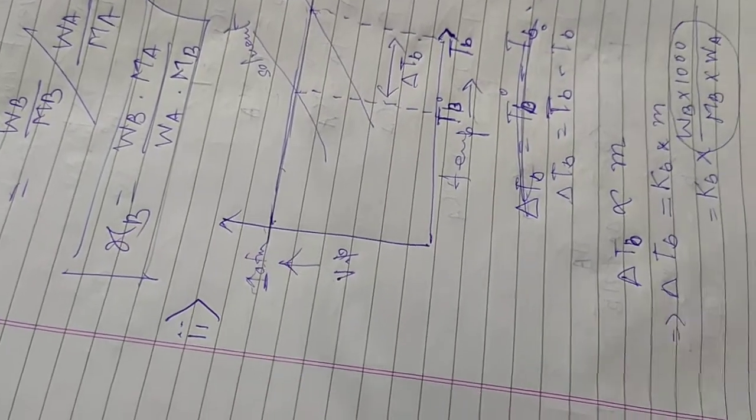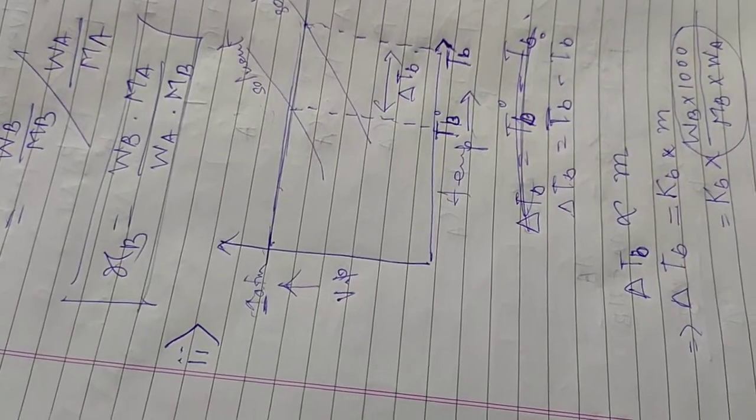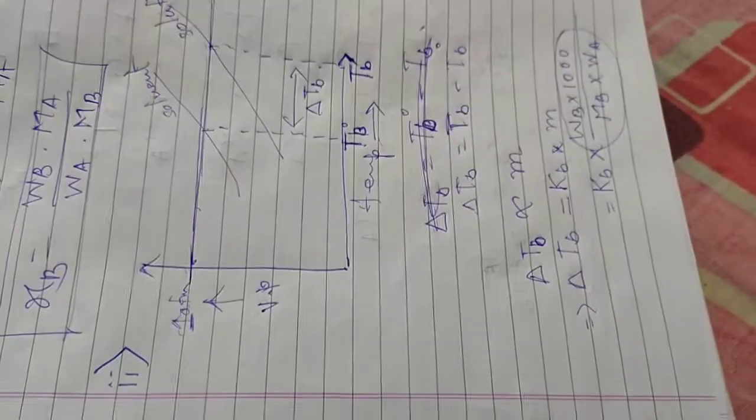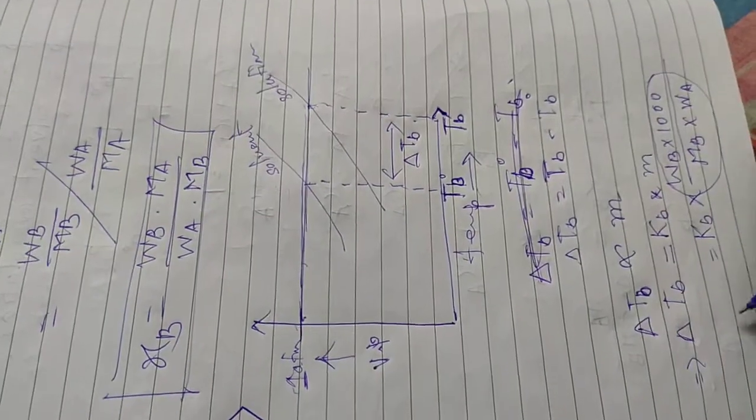We have learned that molality is equal to WB into 1000 by MB into WA in the first chapter of class 11. So delta Tb becomes equal to what?